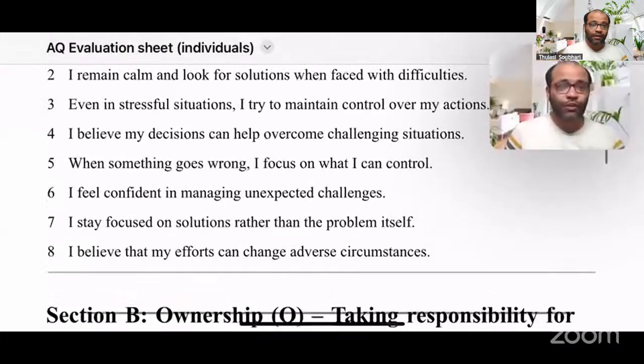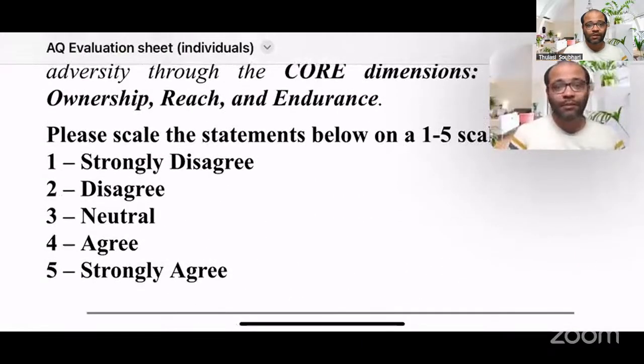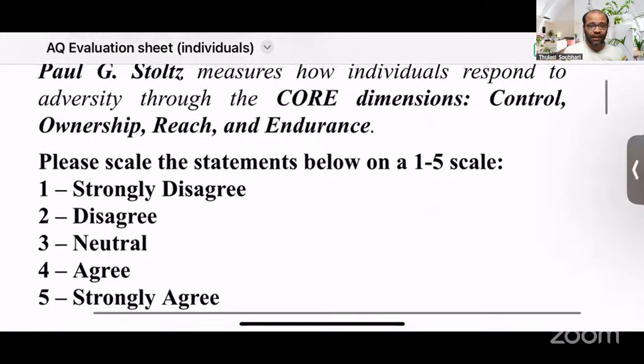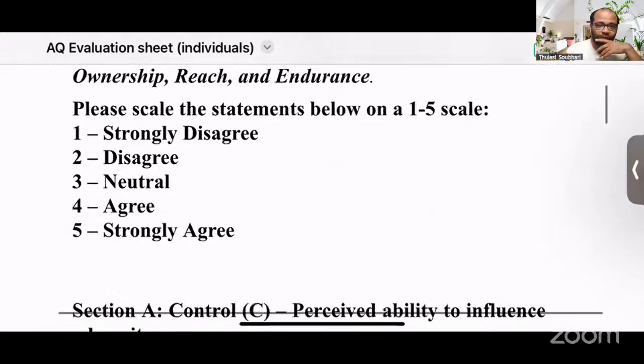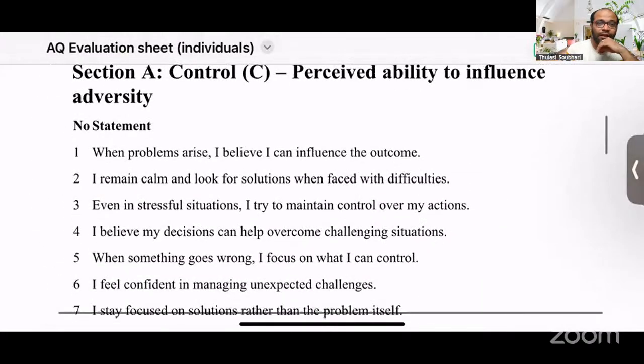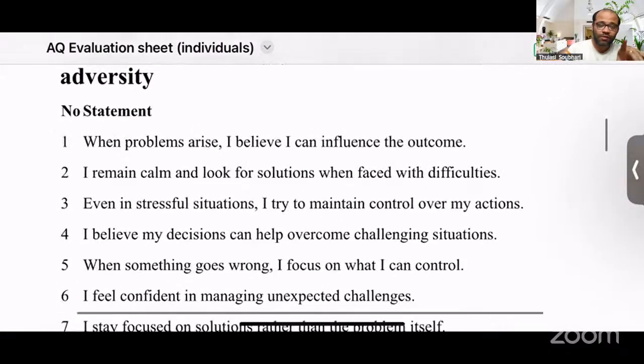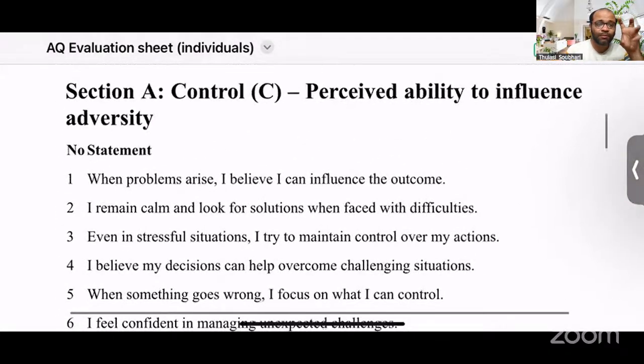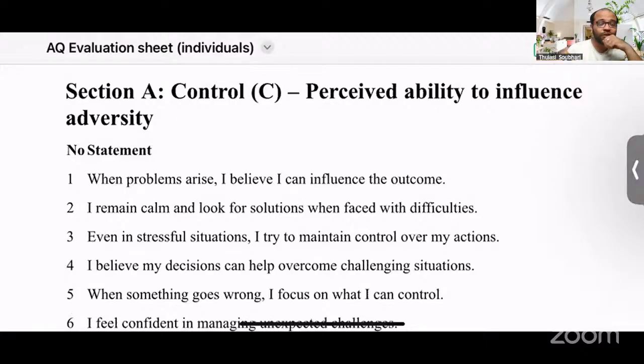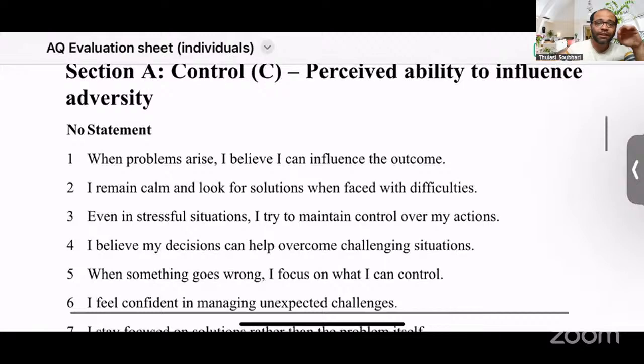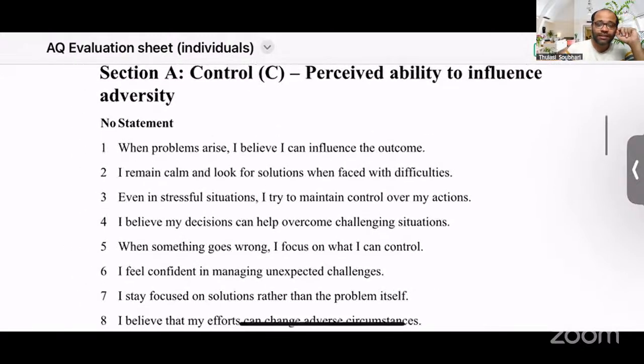There are 4 core dimensions: C, O, R, E. Please slide down, sir. So here you can see C is measured based on 8 questions, 1 to 8. So please add up scores for 1 to 8.